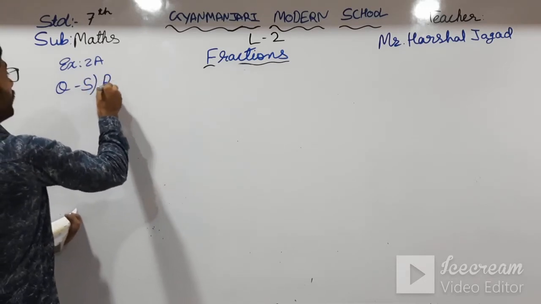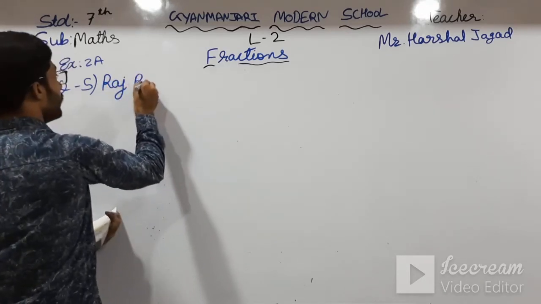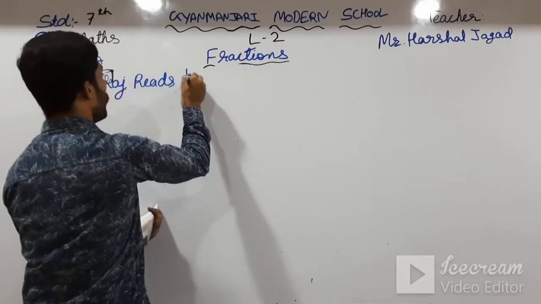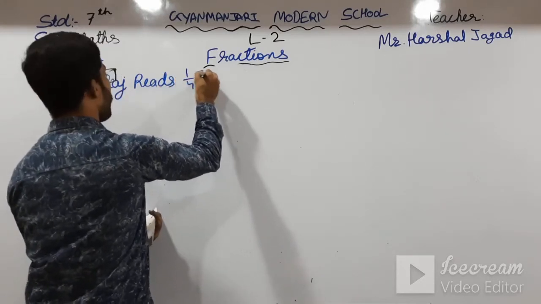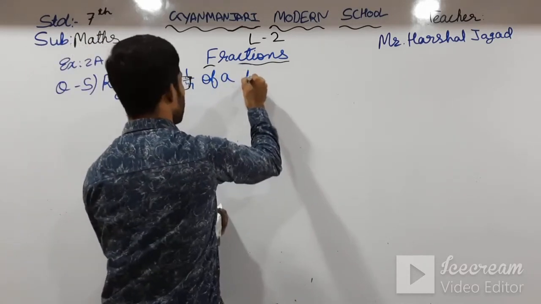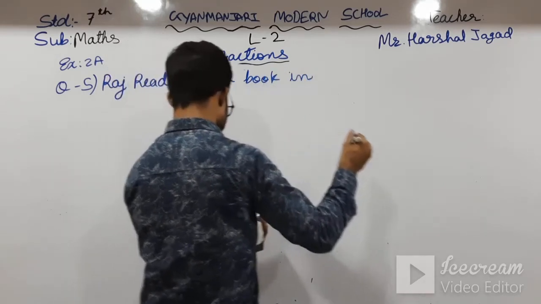Question number 5. Raj reads 1/4 of a book in 1 hour.